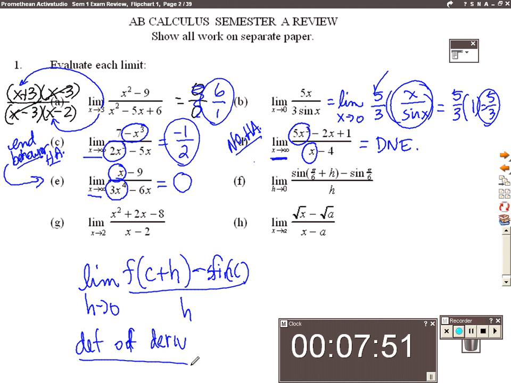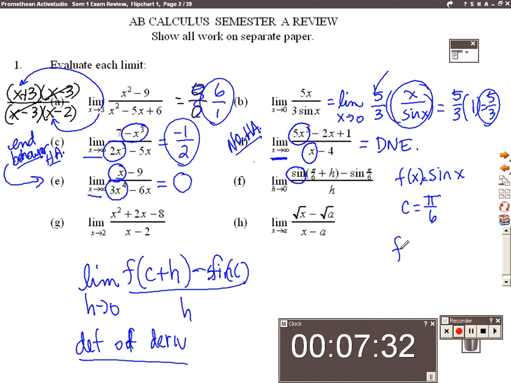Now the question is, what am I trying to find the derivative of? Well, my function is here. I'm trying to find the derivative of sine of x. So the function f of x is sine x, and I'm trying to evaluate the derivative of that function at pi over 6.